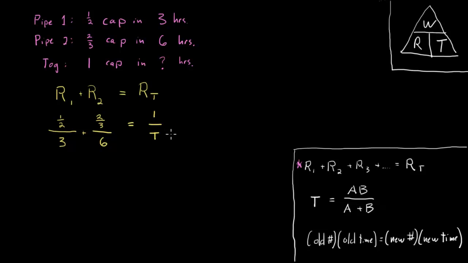But it's a nice way to write it because now this variable down here represents what we want. That T represents the time to fill one tank to capacity if they're working together. So we're in a good situation. We've got a single equation with a single variable.